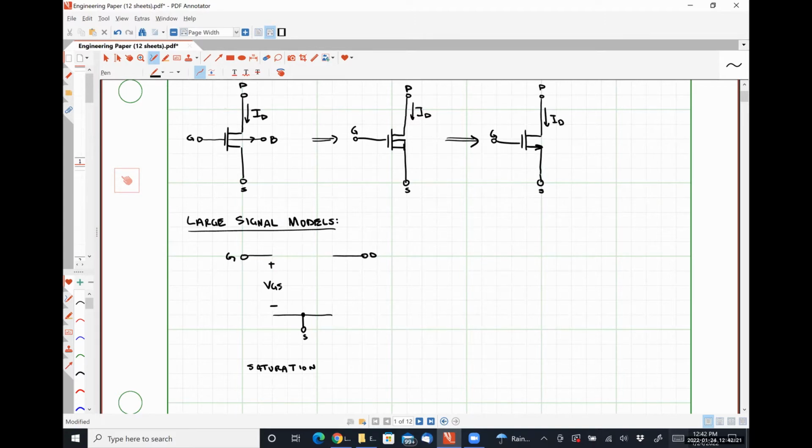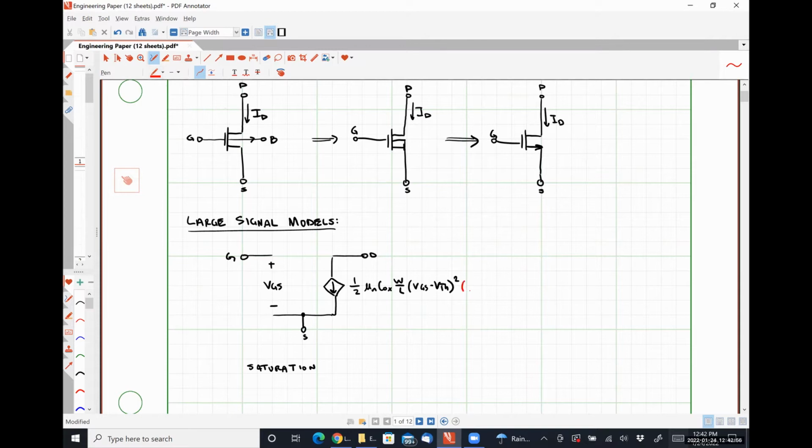So between our drain and our source, we are going to place a dependent current source where this current has a value of 1/2 mu n Cox W over L, VGS minus VTH quantity squared.